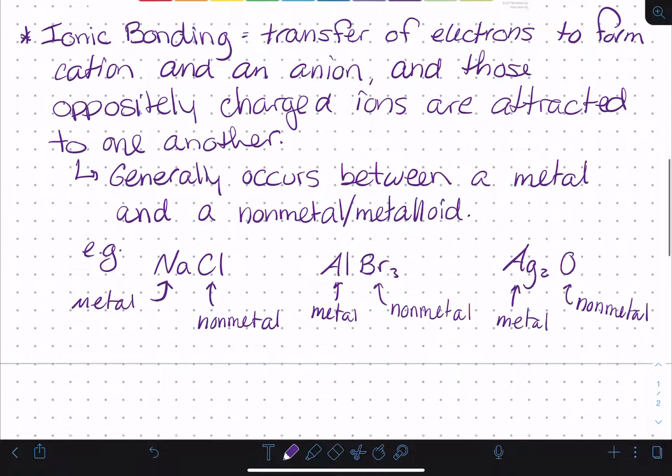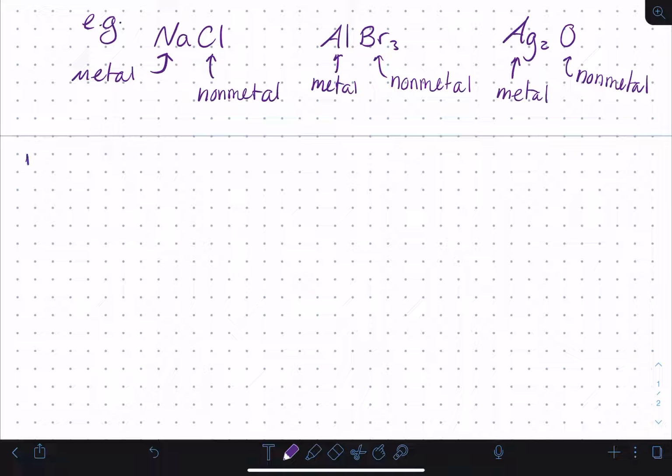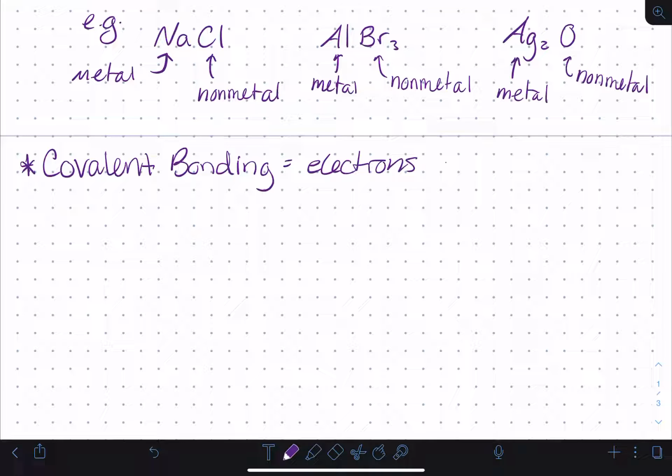So the other type of bonding that we're going to be working with in this unit is known as covalent bonding. Covalent bonding is when electrons are shared between two atoms. In an ionic bond, we completely transferred the electrons.